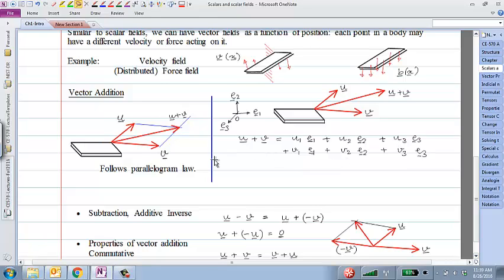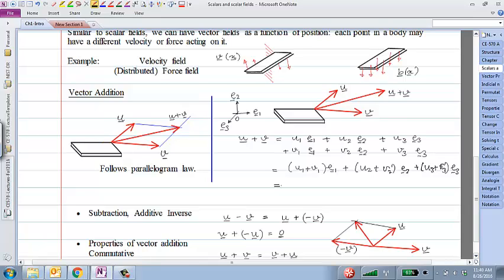because they're not vectors. And of course, I can combine them and write it as (U1 plus V1) E1 plus (U2 plus V2) E2 plus (U3 plus V3) E3. And what would be a shorthand notation of this?